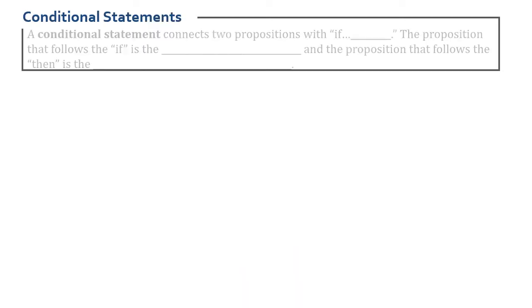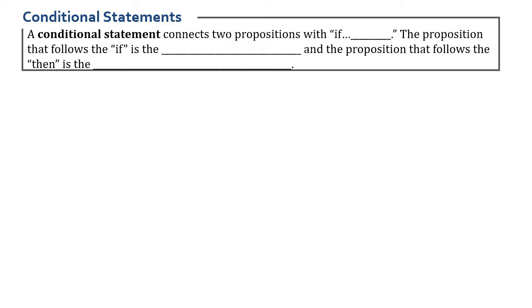Last thing for this section is the conditional statement. A conditional statement connects two propositions with if, then. So if you do your homework, then you can play Fortnite. The proposition that follows the if is called the hypothesis.